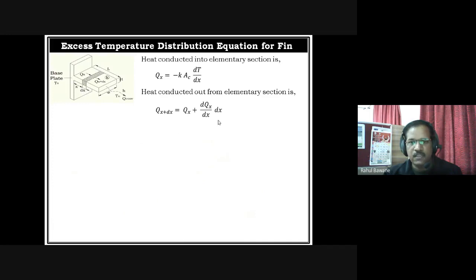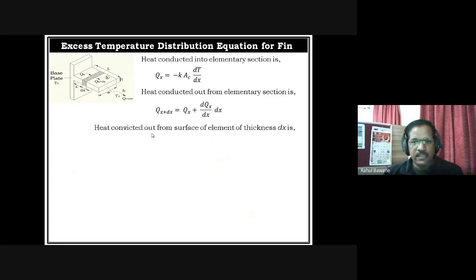This equation is derived from the Taylor series, where we may mention d square by dx square and higher terms, but we know that all these higher terms, square and above, become zero. So we use this final form only, where Qx plus dx equals Qx plus d by dx of Qx into dx. This is the thickness of the element.